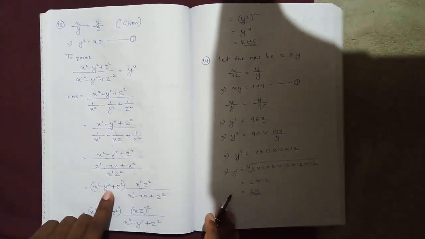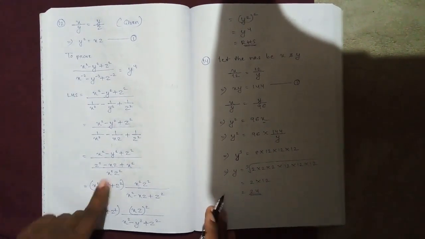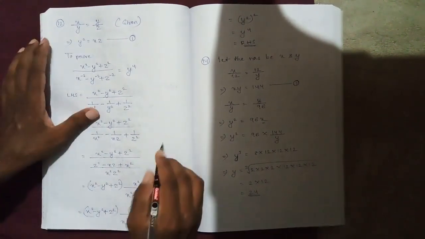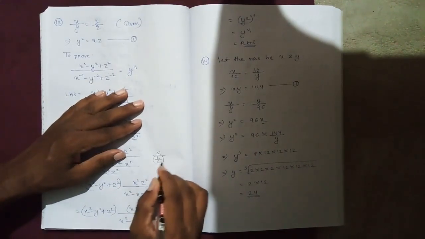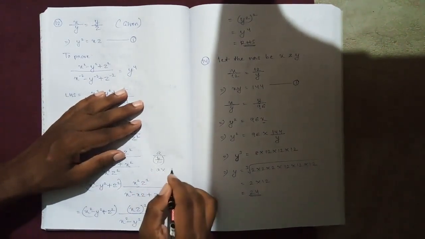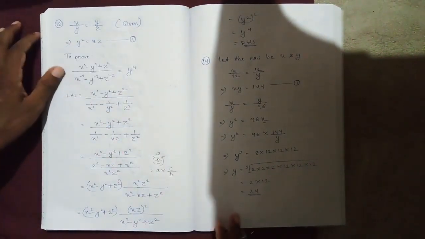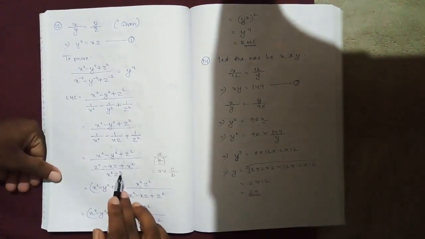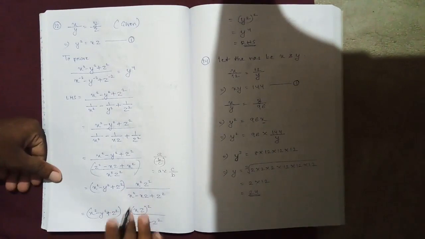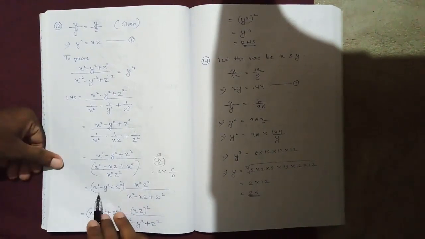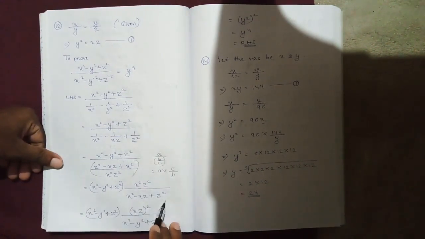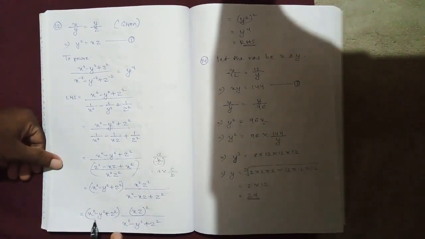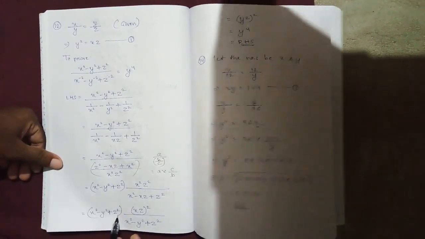Okay, now a by b by c. This can be written as a into c by b. So I have done that. Okay, this is b by c. So x square minus y square plus z square into x square z square by x square minus xz plus z square, that is equal to x square minus y square plus z square.